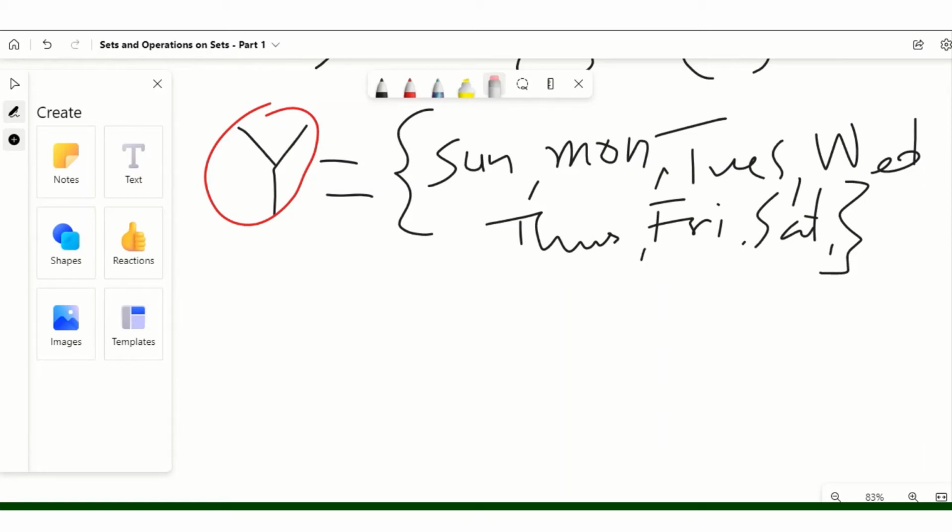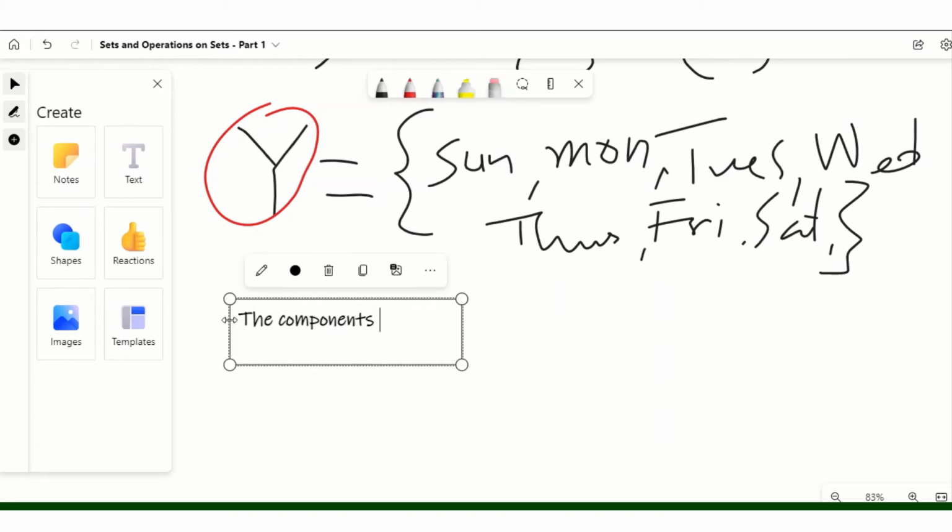Now, we need to understand this. The components or objects of a set are called members or elements of a set. Okay, so let's write that down. It's an important point. The components or objects of a set are called members of a set.